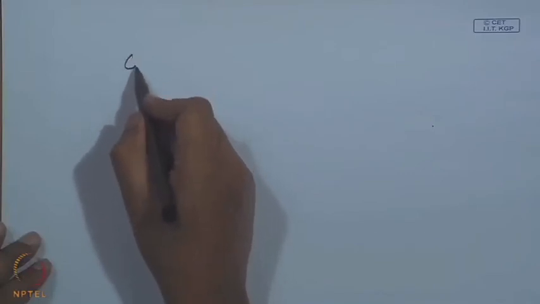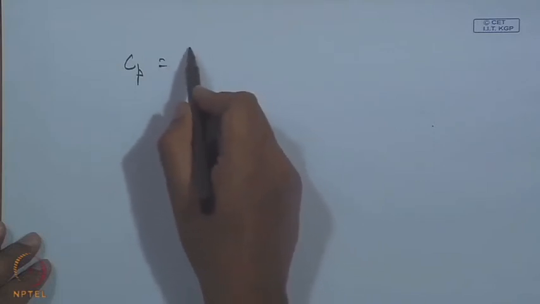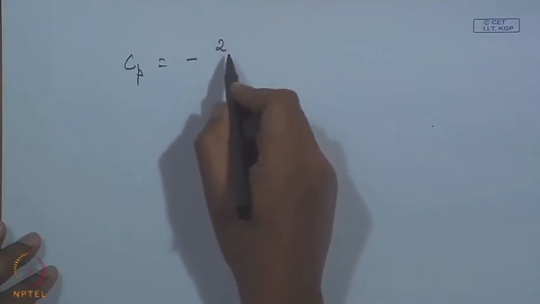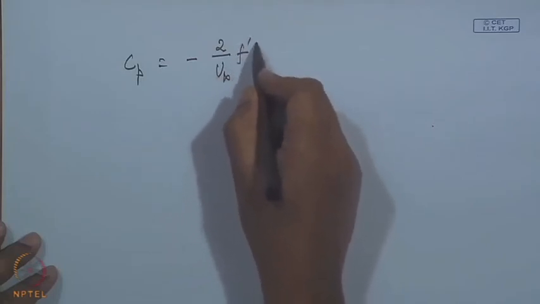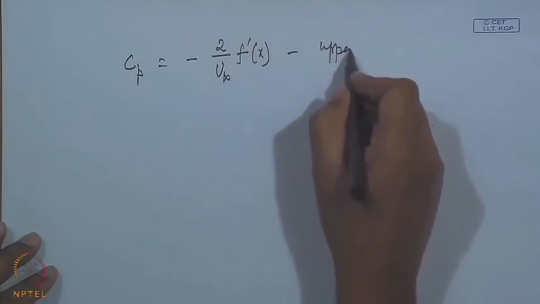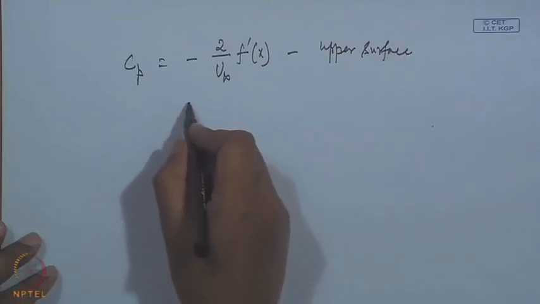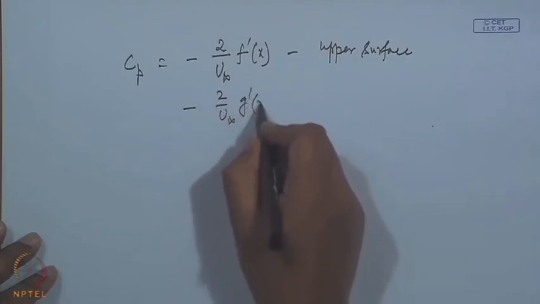Hence, the pressure coefficient can be written as minus 2 by u infinity f prime x on the upper surface, and minus 2 by u infinity g prime x on the lower surface.